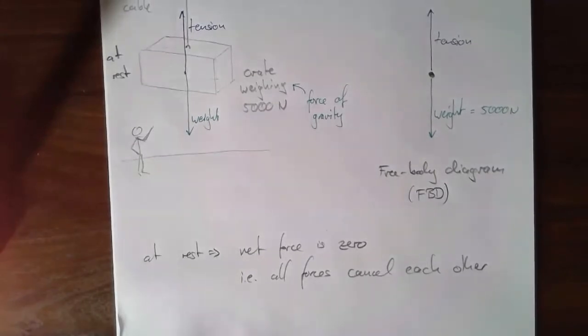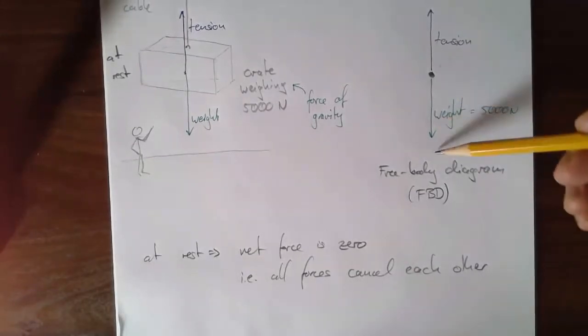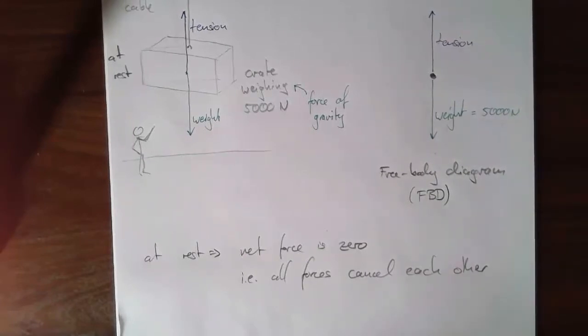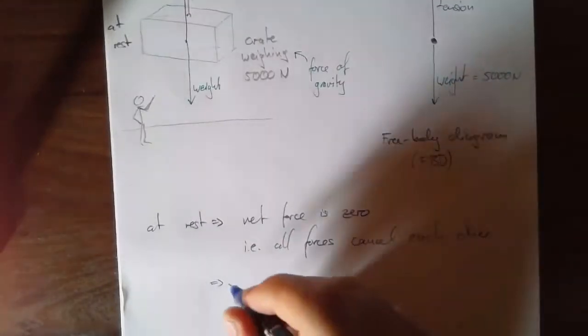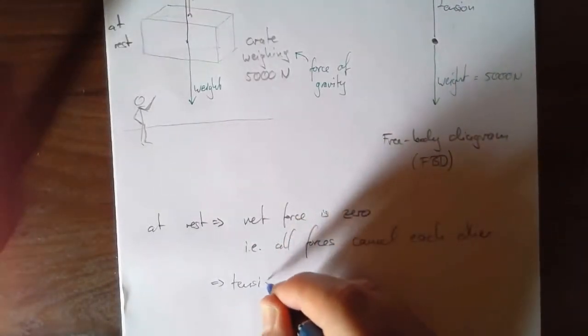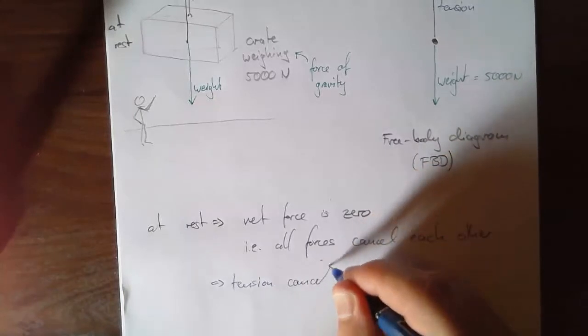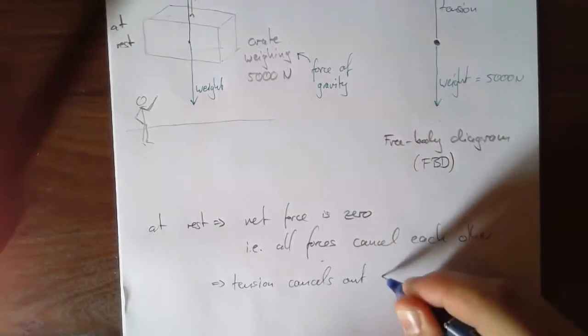Well, if the forces cancel each other out, then the weight's pulling down with 5,000 newtons, while the tension better pull up with 5,000 newtons. So because there are only two forces, they have to cancel each other directly. Tension cancels out the weight.